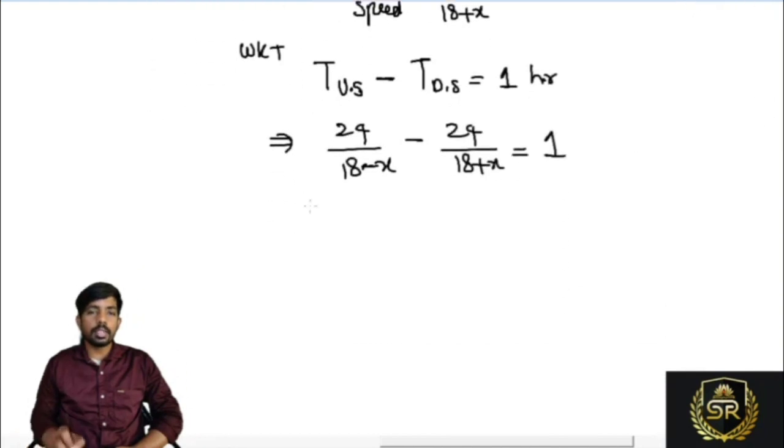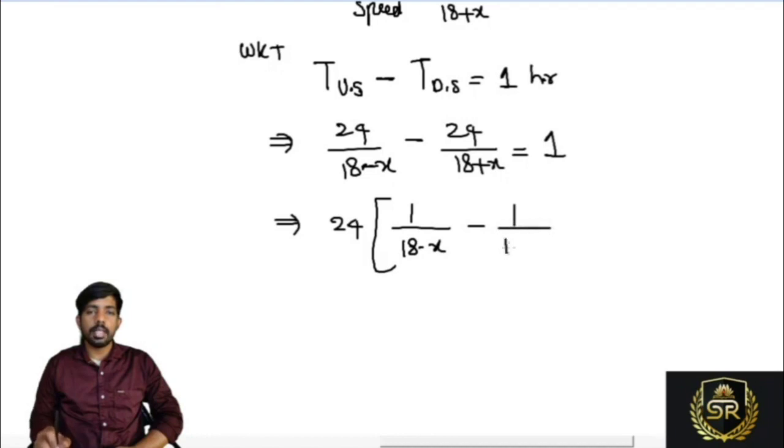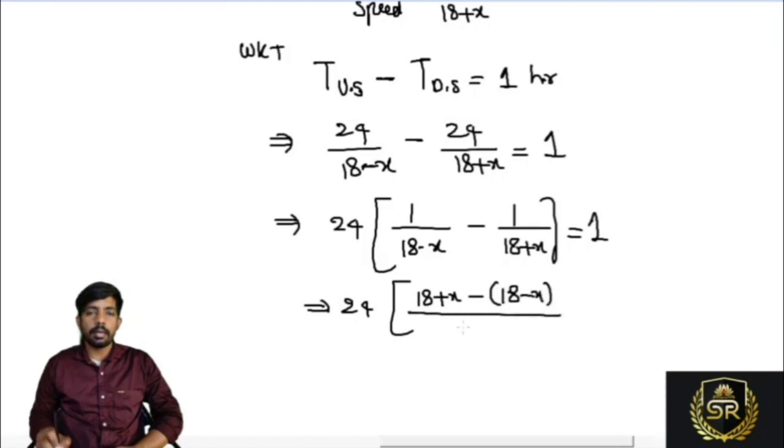Therefore we'll solve this. Take 24 common: 1 by 18 minus x minus 1 by 18 plus x is equal to 1 by 24. Taking the LCM, 18 plus x minus 18 minus x, over 18 minus x into 18 plus x.